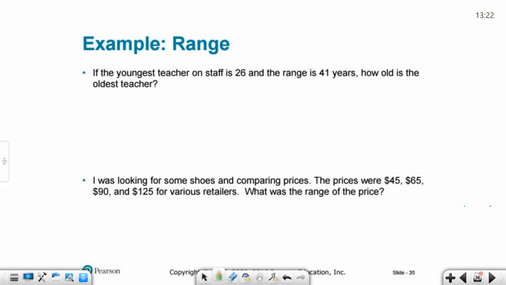Okay, we'll go ahead and knock these 2 easy ones out, and then we'll save the bad stuff for video 3. If the youngest teacher on staff is 26 and the range is 41 years, how old is the oldest teacher? Okay, so remember the range is high minus low. So in this case, it would be old minus young.